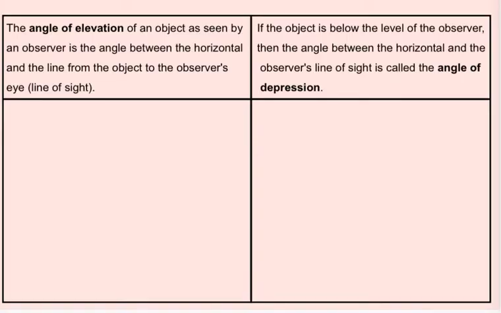So the angle of elevation of an object as seen by an observer is the angle between the horizontal and the line from the object to the observer's line of sight. So think about this in a real simple context, okay? You've got a person, all right? They're looking straight ahead. Up in the air you've got a balloon.